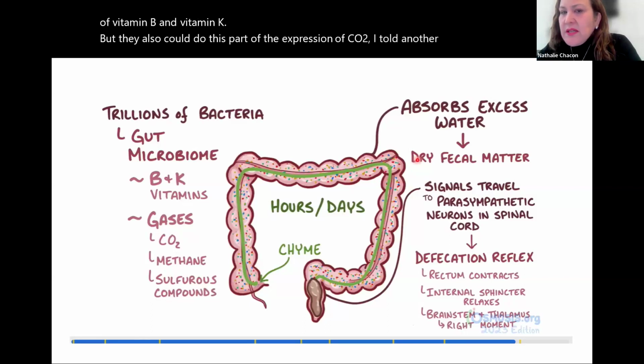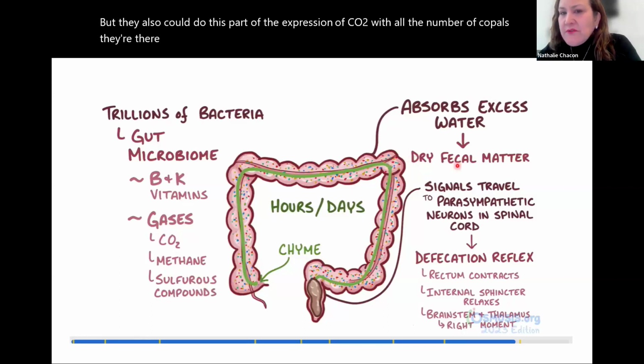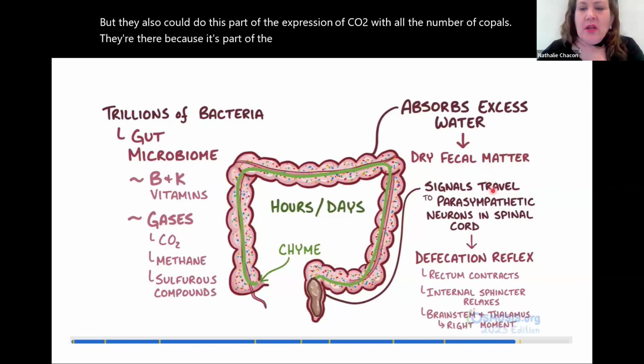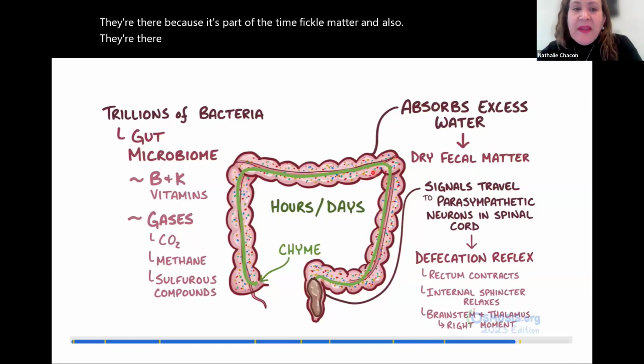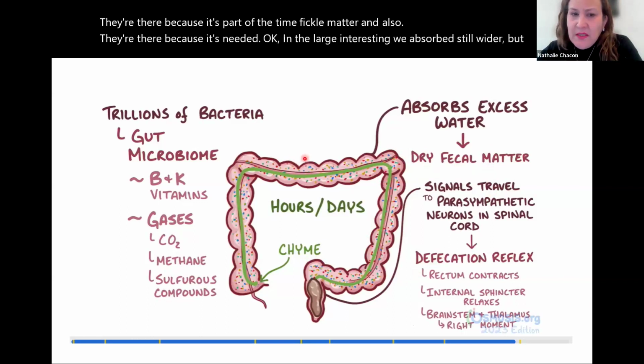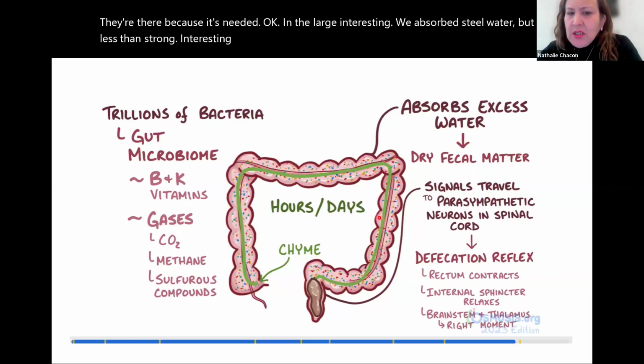They are there because they're part of drying the fecal matter, and also because they're needed, okay? In the large intestine, we still absorb water, but less than in the small intestine, okay? But we're still absorbing a little bit of water.